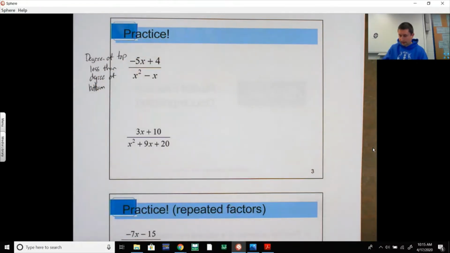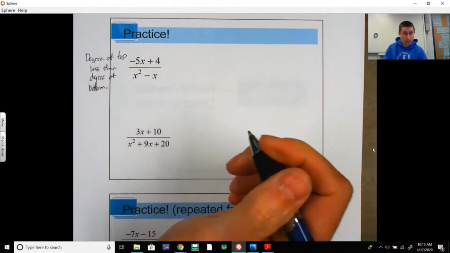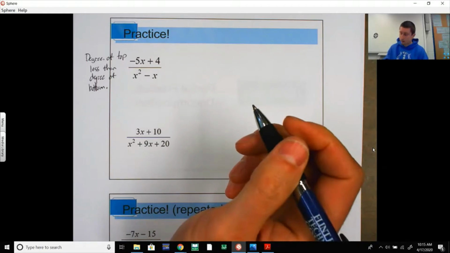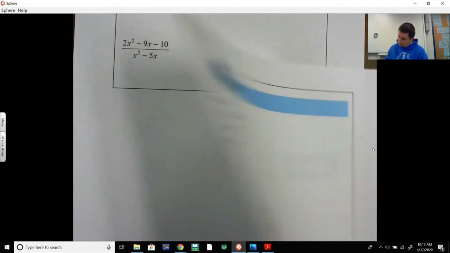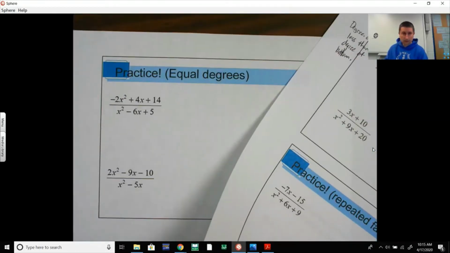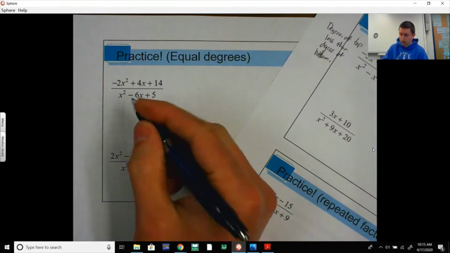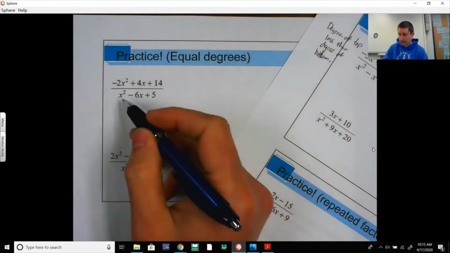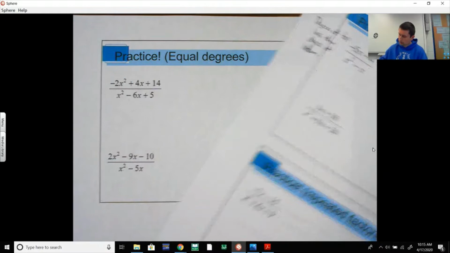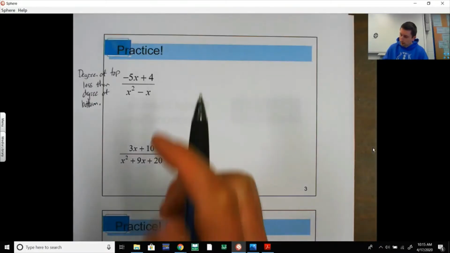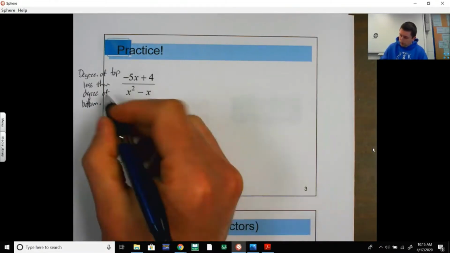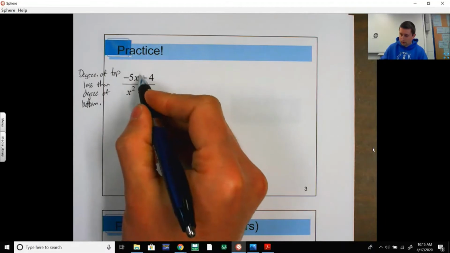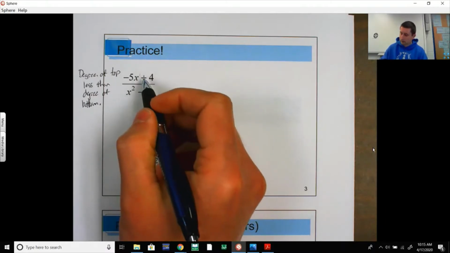If that's not the case, you have to use long division to divide a factor out, and we'll see that on the third set of notes. Here, this is a degree of 1 and this has a degree of 2, the largest exponents.